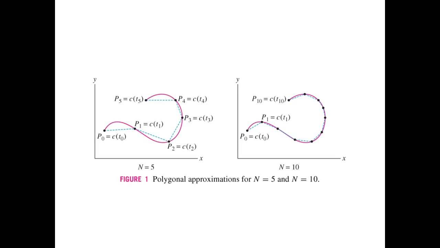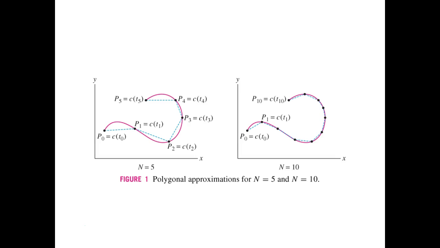So C is the curve function, which is a combination of the x and y as a function of t. And the curve goes around here. Here's P2, C of t2, P3, C of t3, P4, C of t4, and P5, C of t5.